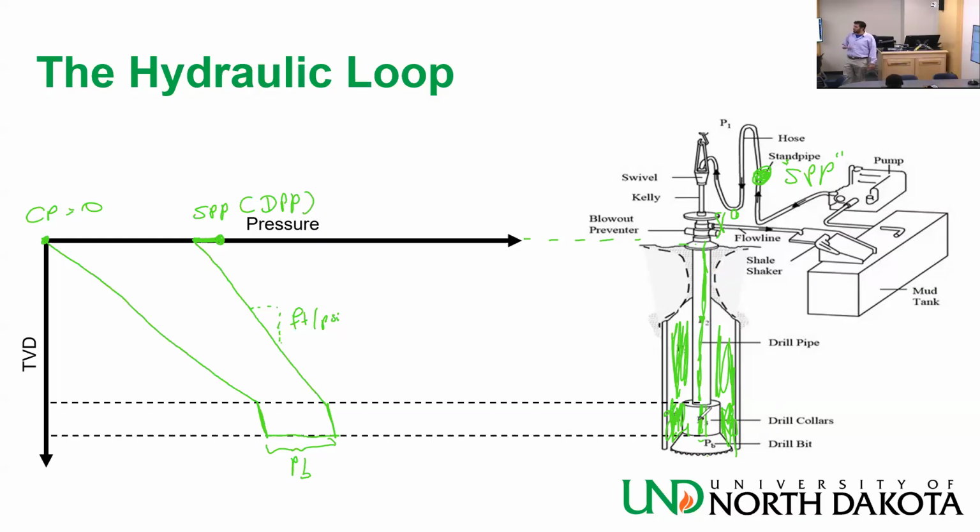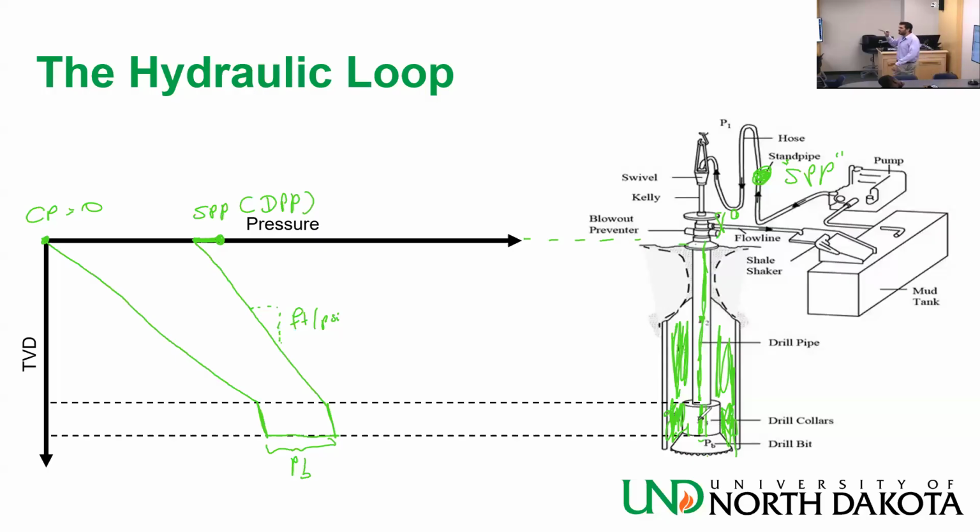What if you are doing reverse circulation? It's still the same, it's just this is going to be CP and this is going to be DPP.